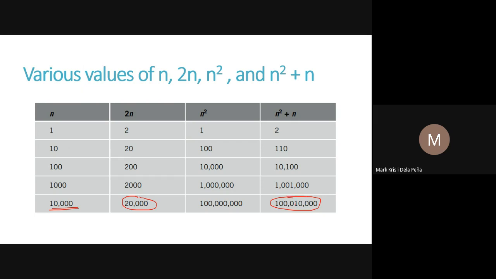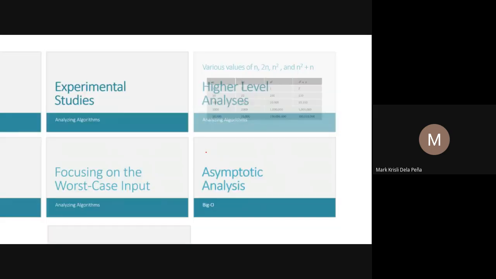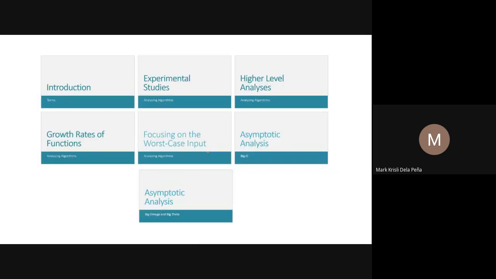So here we can say that this one has a better algorithm compared to this one in terms of its time complexity. So the values are called the growth rates of the function. Remember that one, growth rates. That's all for the comparison.